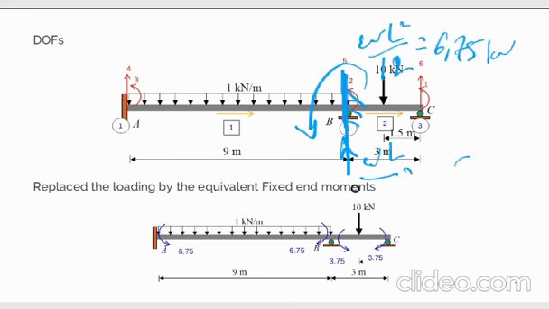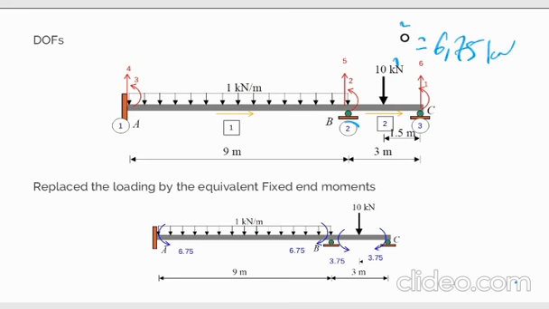Now I change to another member, member number 2, that means B to C. Here fixed, and also here fixed. The reaction at B: because we have a different load here, the rule and value will be different.